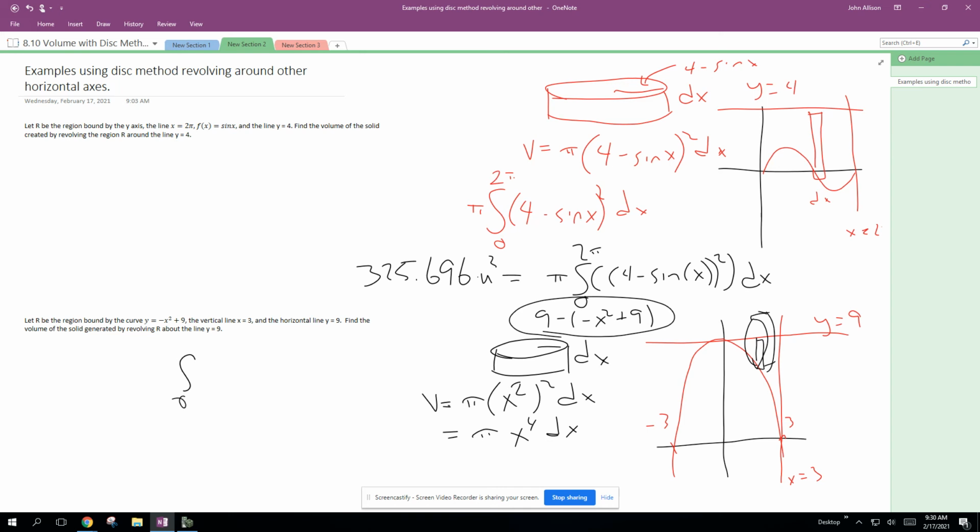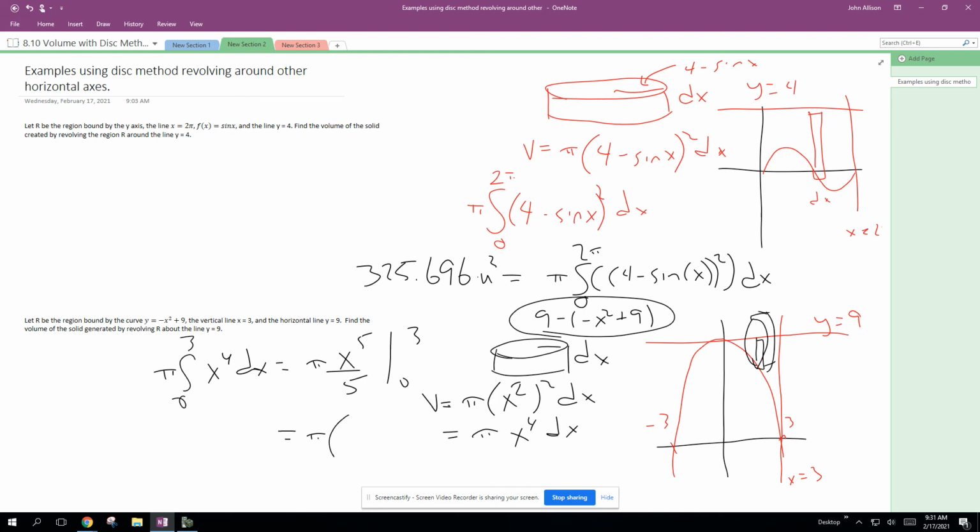That's my region. Bring the pi outside, it's a constant multiple, x to the 4th dx. This is going to equal pi times x to the 5th over 5, evaluated from 0 to 3. That's going to be pi times 3 to the 5th.